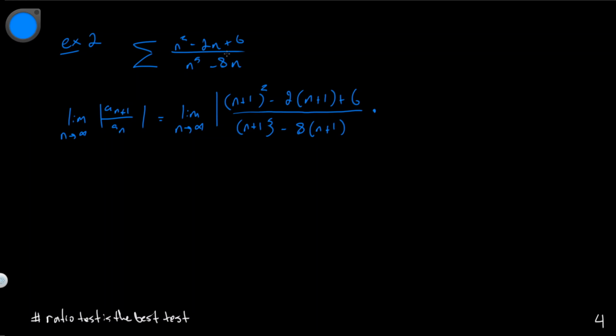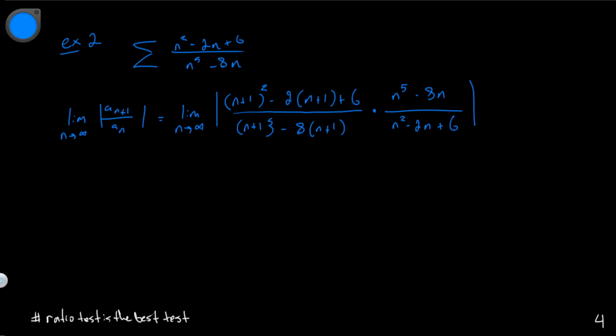This is going to be multiplied by, I'm dividing by the a sub nth term, which means I'm multiplying by its reciprocal, n to the 5th minus 8n over n squared minus 2n plus 6. Make sure you understand why I'm doing this multiplication rather than division.